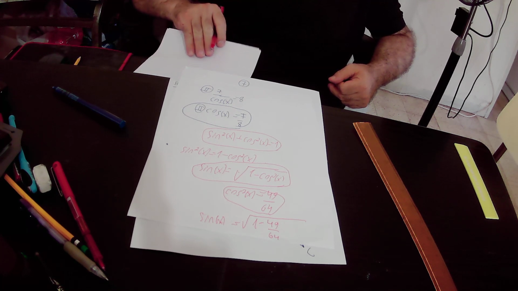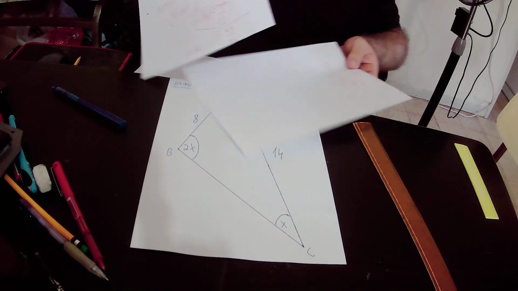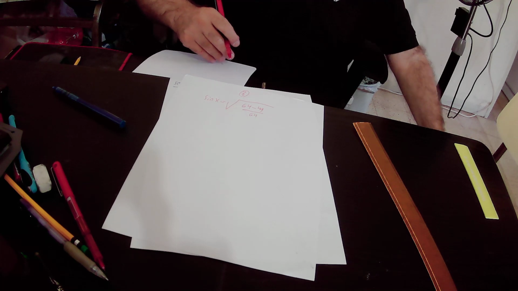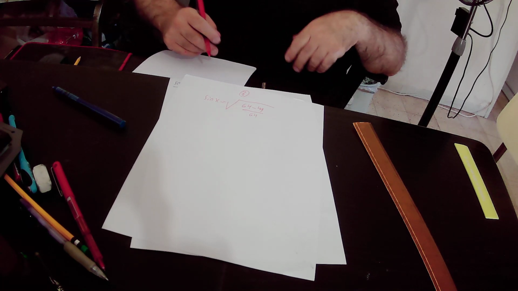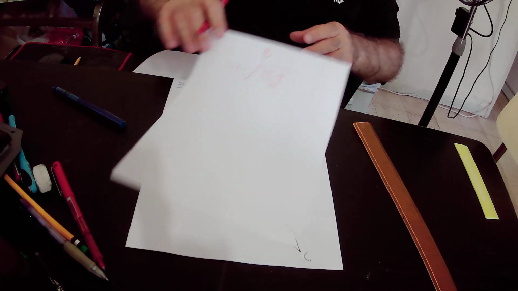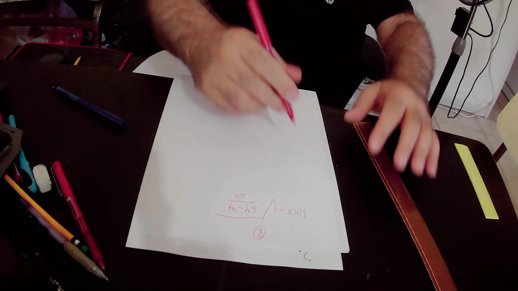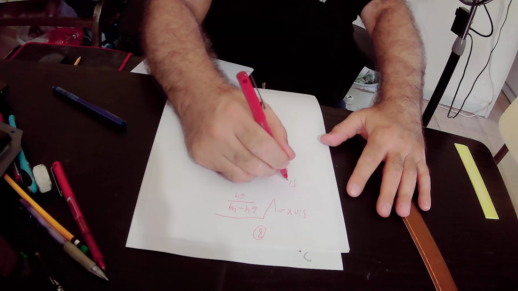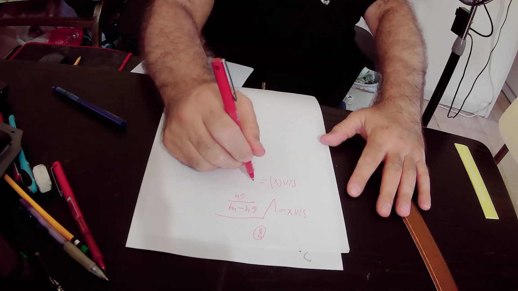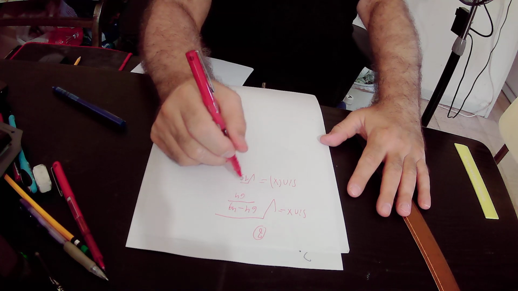So we got that the value of sine x is actually the root of 64 minus 49 over 64. 64 minus 49 equals 15. So I write it down. The value of sine x actually equals root 15 over the root of 64, and the root of 64 is 8.